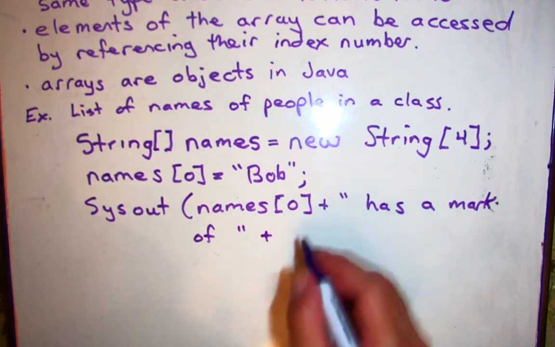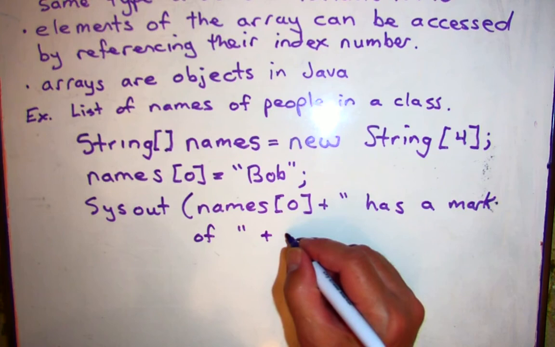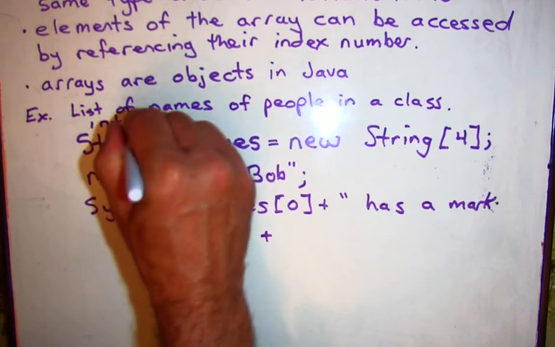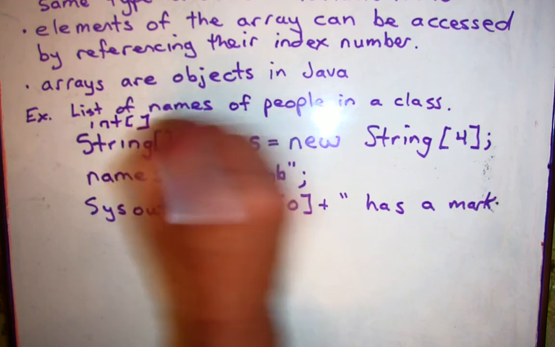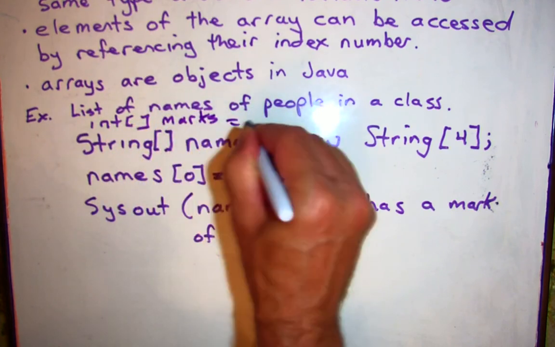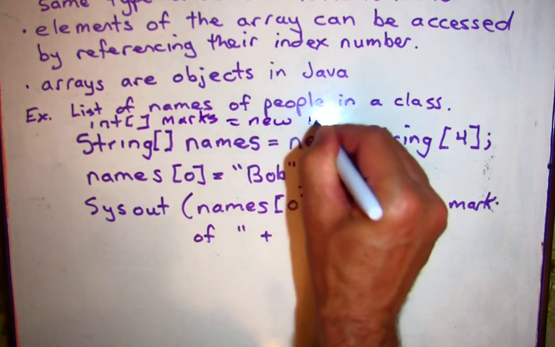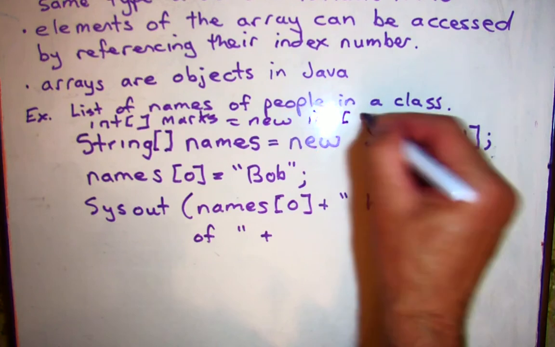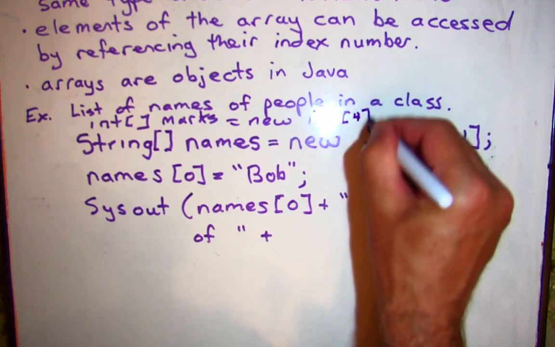Let's say I made a marks array earlier of type integer. So I would say int square bracket marks equals new int, where int is the data type and the square brackets hold the size. I'll match it to this and make it 4.